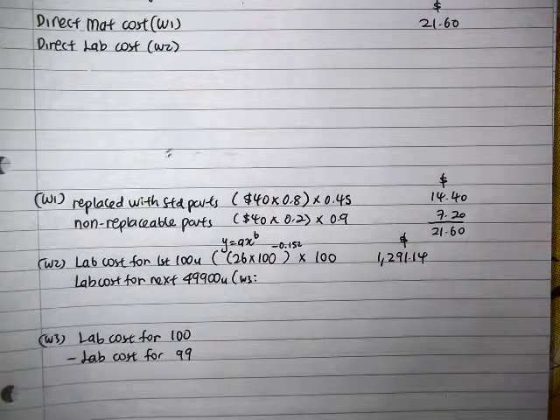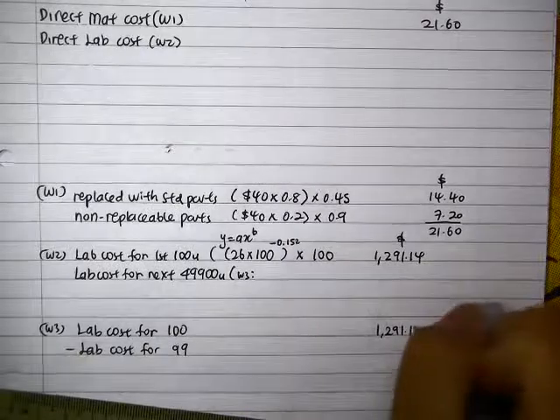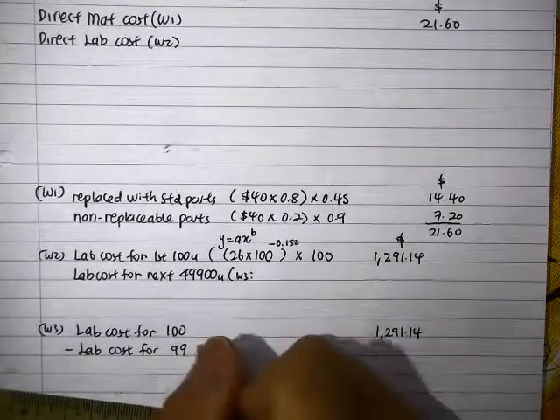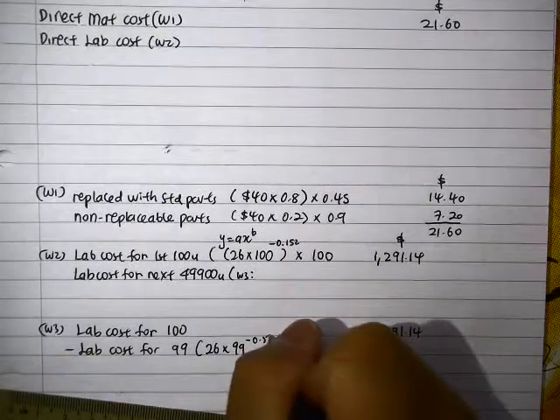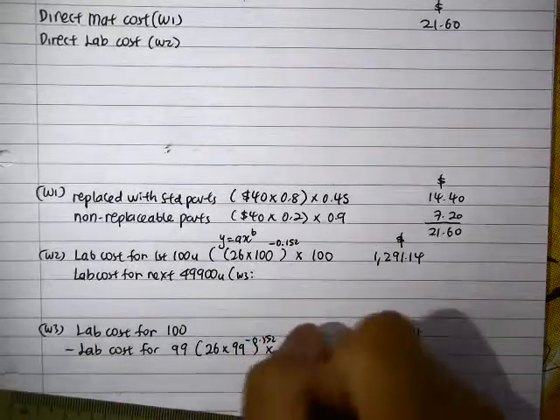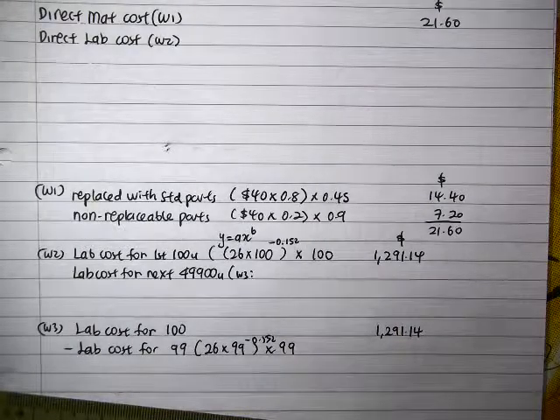So the labor cost for 100 is 1291.14. The labor cost for 99, I replace with 26 times 99 to the power of negative 0.152.